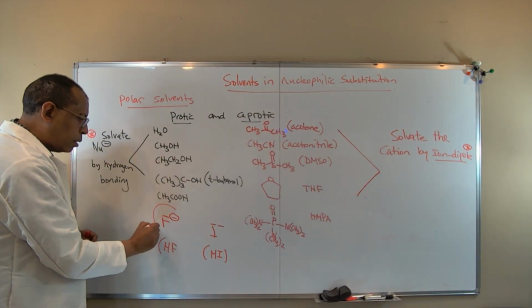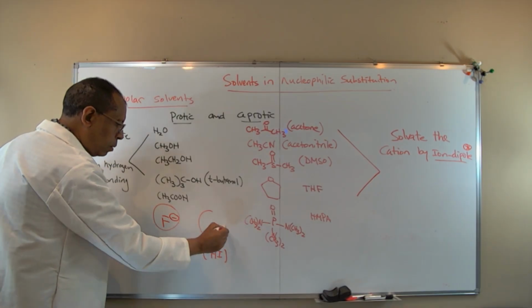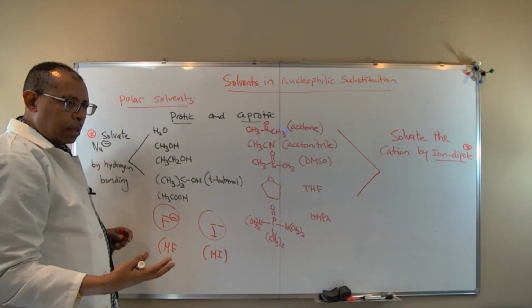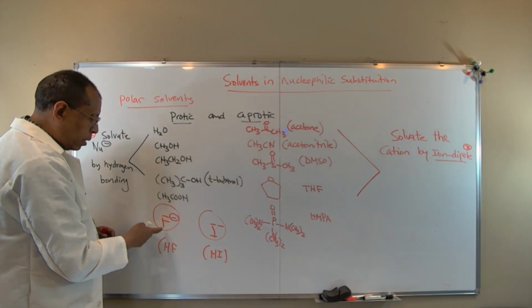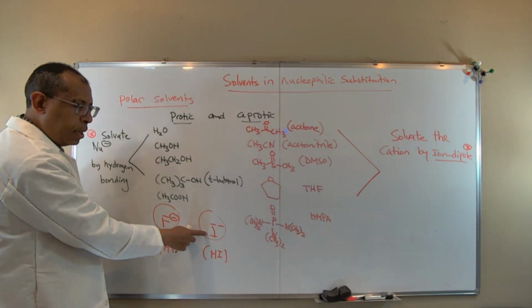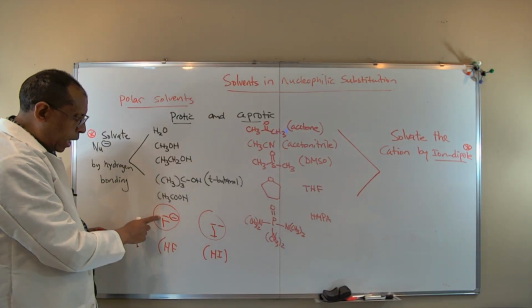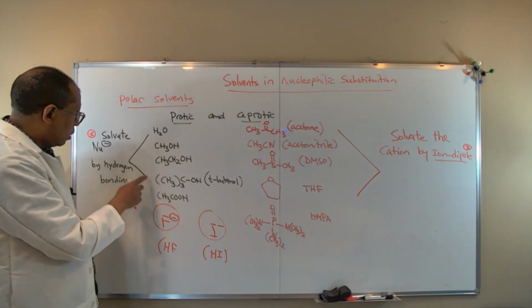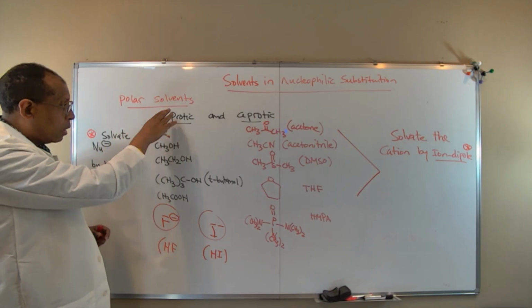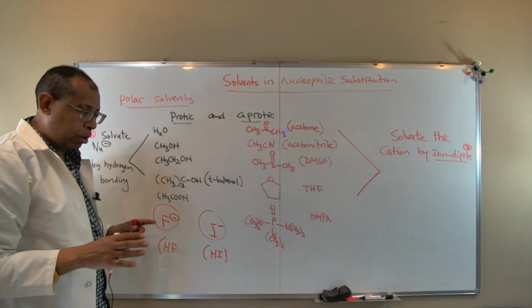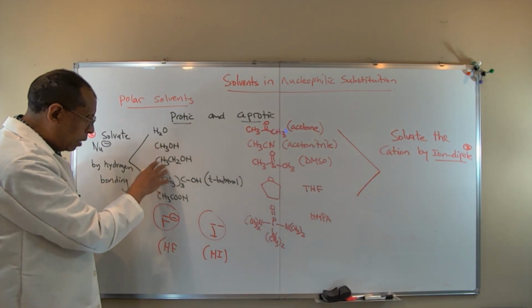If you study the effect of solvent on fluoride and iodide, these are all protic solvents that can solvate the anion. So the nucleophile, in the case of protic solvents, due to hydrogen bonding, would be solvated by the solvent.